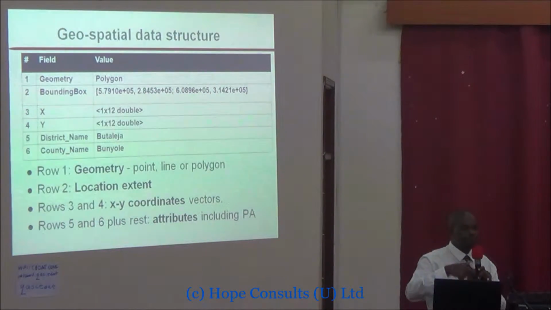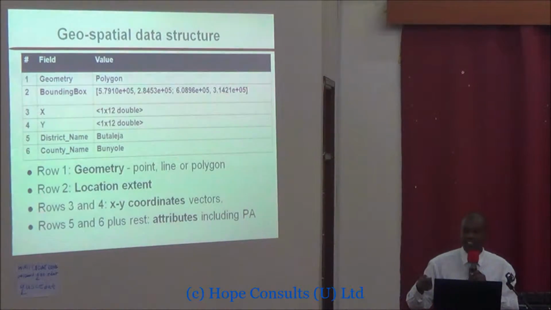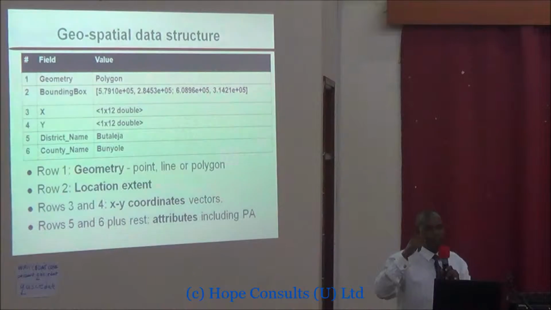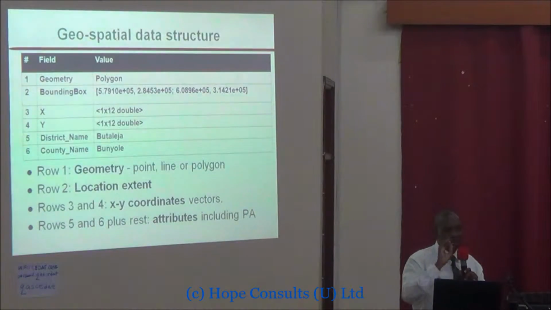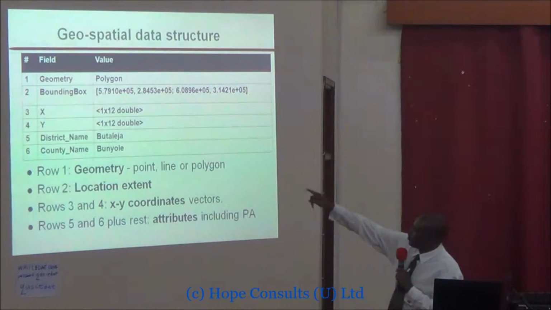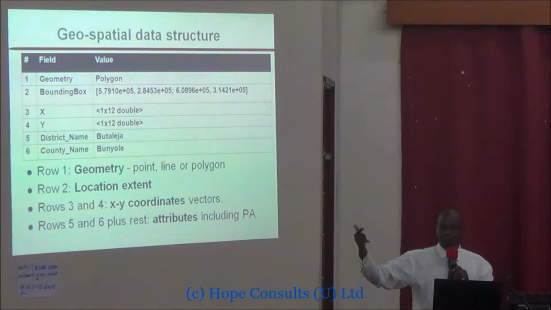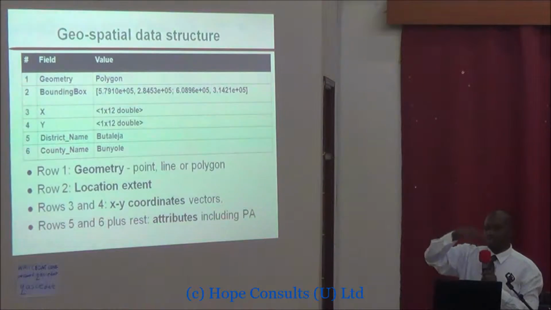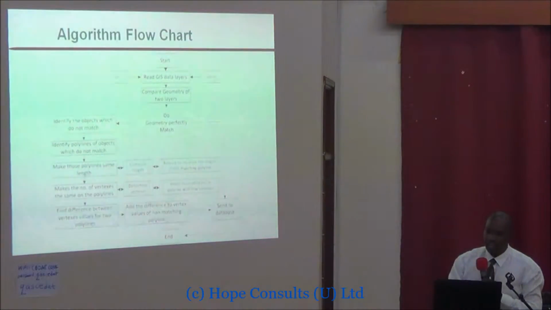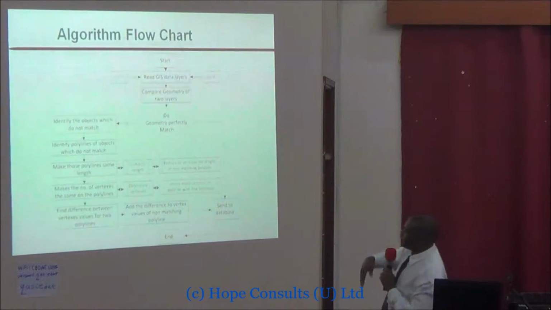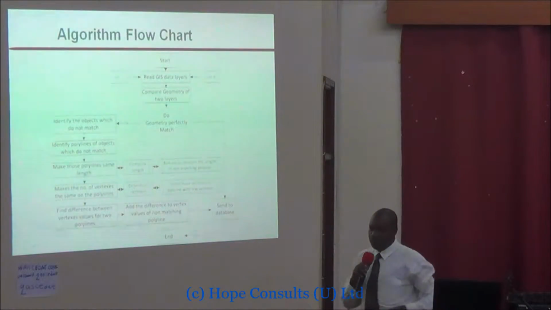We took advantage of the way GIS data is stored, because you can manipulate each of the parts of the GIS database using the coordinates. So we extracted the vectors for the x and y, which define the polygon, and through that we developed our algorithm flow chart.